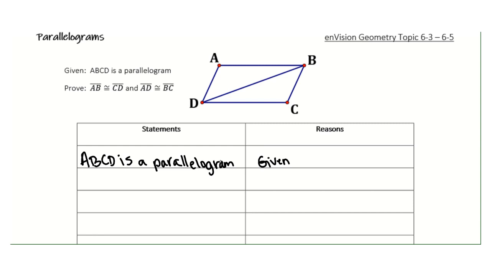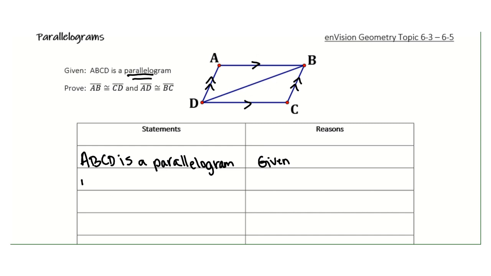If I know that this is a parallelogram, then by the definition of a parallelogram, this line is parallel to this line, and this line segment is parallel to this line segment. And that is just the definition of a parallelogram. If we know that it is a parallelogram, then this pair has to be parallel and this pair has to be parallel.